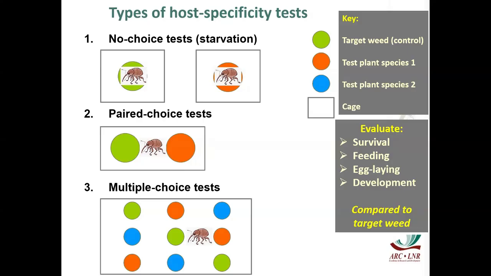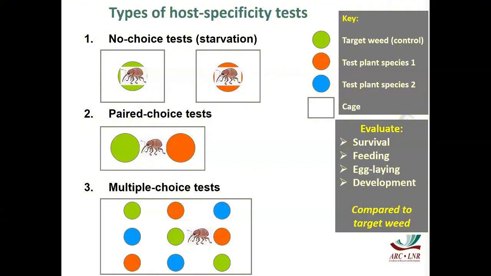For those plants that we don't want them to attack, we would then take them into a paired choice test, where we offer them the choice between the target weed and the test plant, and see what outcome there is, because a glass house insect cage is a very artificial environment. It's a very confined space, and they may behave differently to what they would do in the natural environment.